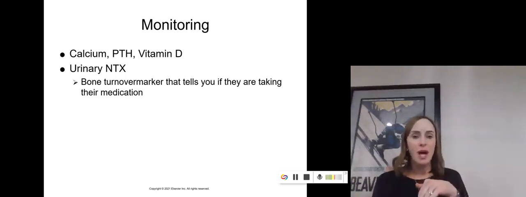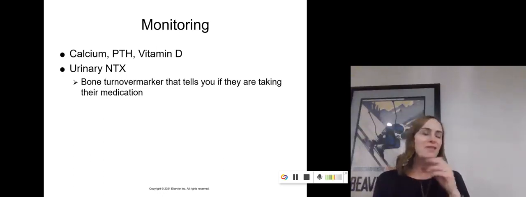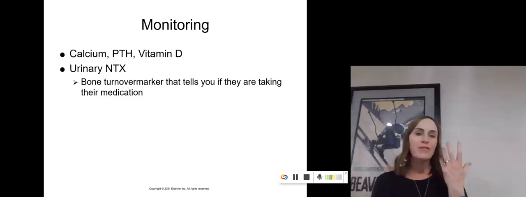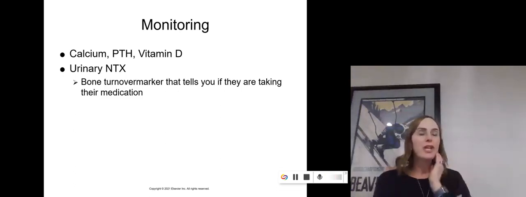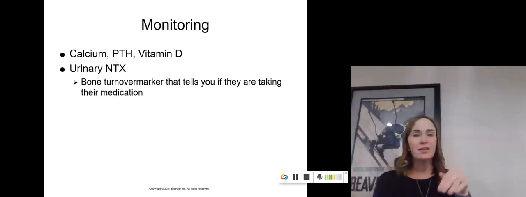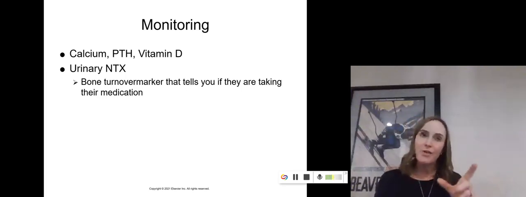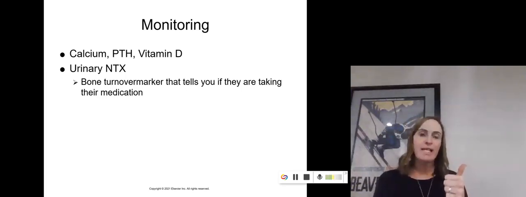So if you've got somebody and you're just not sure if they're truly taking their pill, or you're not sure if it's absorbing because you're looking at a repeat bone density and they're not getting any better, check a urinary NTX. If that NTX is in the lower half of a normal range, they're probably taking it and absorbing it. If it's in the upper half of the normal range, they're not absorbing it. Whether they're missing it, you're going to want to switch to an IV form or to another drug.